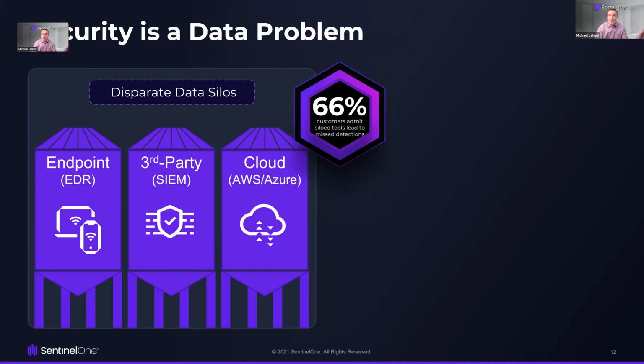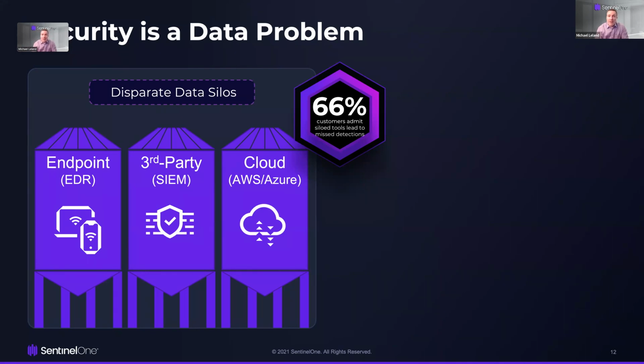You might consume it once for compliance and send it across into another tool for analytics and feed it off into something else for response. Your SOC analyst might use a different tool than your IT team. So it's important to know that these separate silos really create a unique problem in security. In fact, as Resha mentioned earlier, ESG claimed in their last study that 2/3 of customers claim that as long as you keep your data in separate silos, you are guaranteed to miss detections.